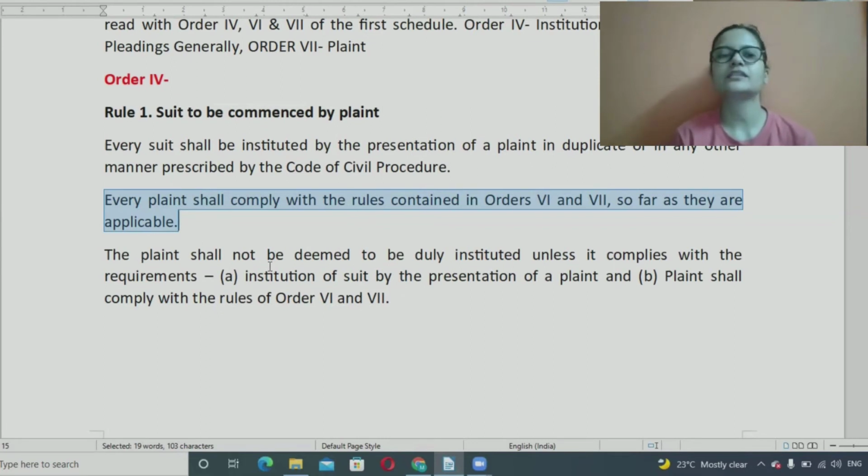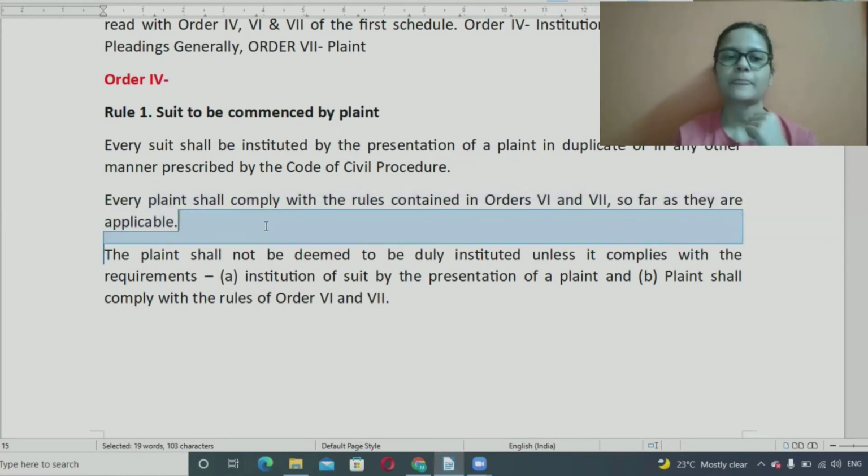The plaint shall not be deemed to be duly instituted unless it complies with two requirements: institution of a suit by presentation of a plaint, and the plaint shall comply with all these orders. That means I could simply write my entire story randomly in frustration and submit it in the court, but that will not be considered as institution of suit.